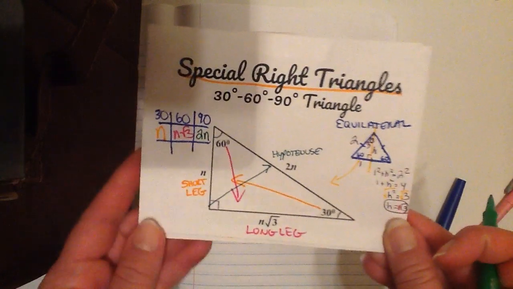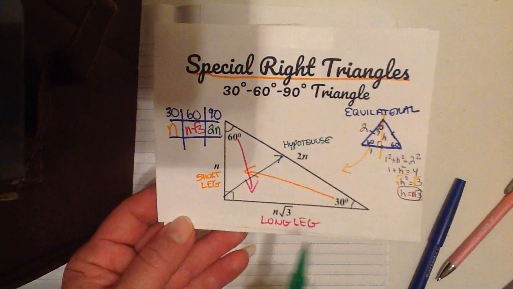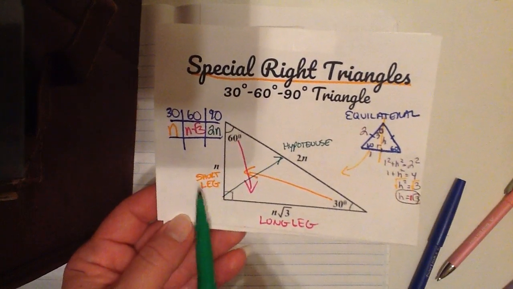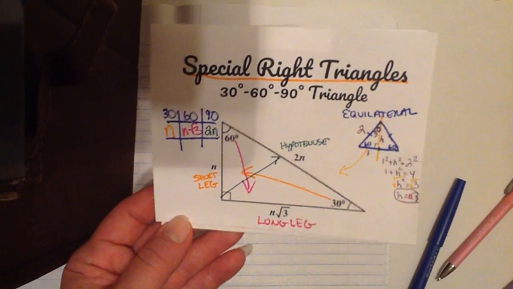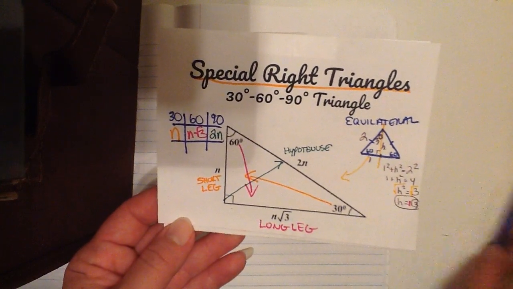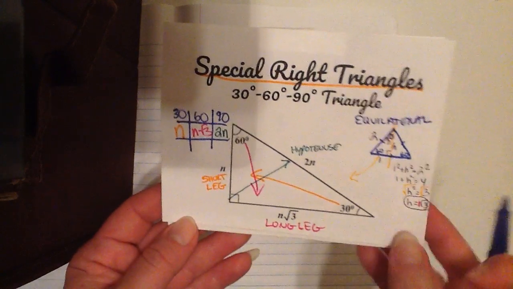Okay, so we have a 30, 60, 90 degree triangle. Our ratio with our sides is n to n radical 3 to 2n. Now I like to put into words sometimes, what does this mean?